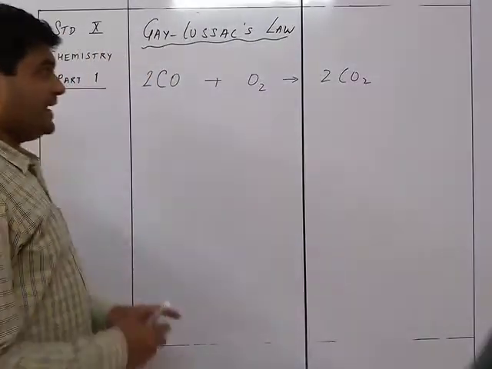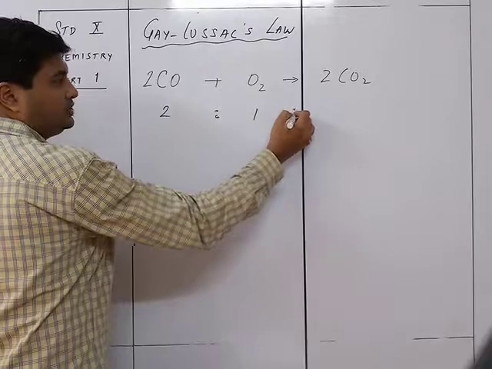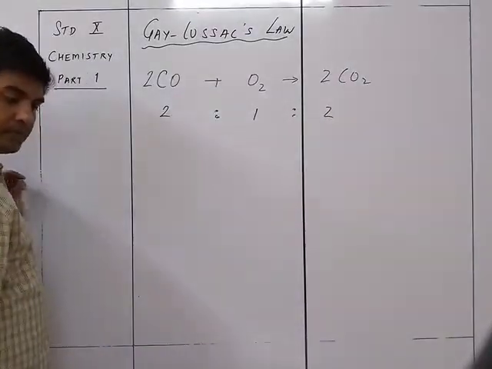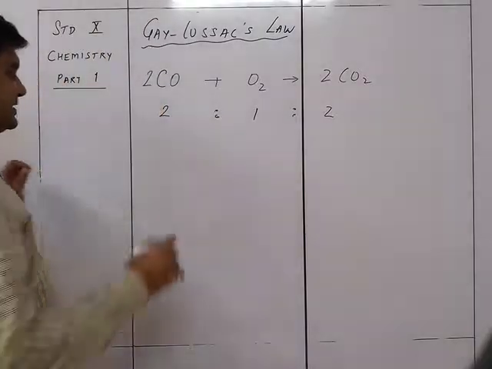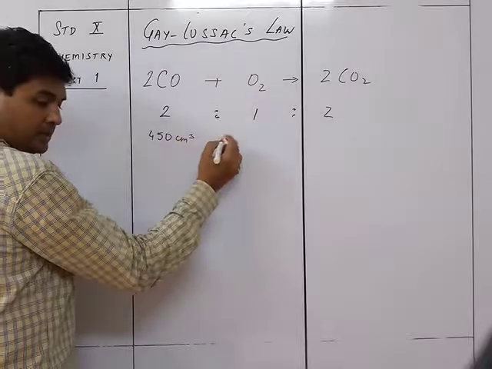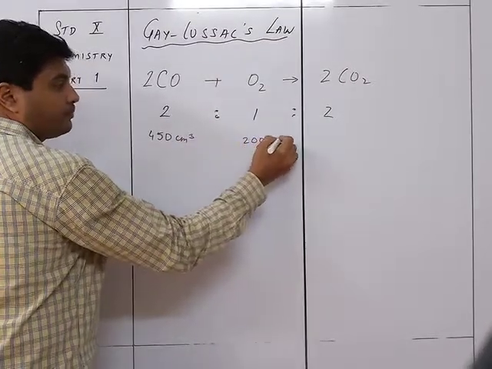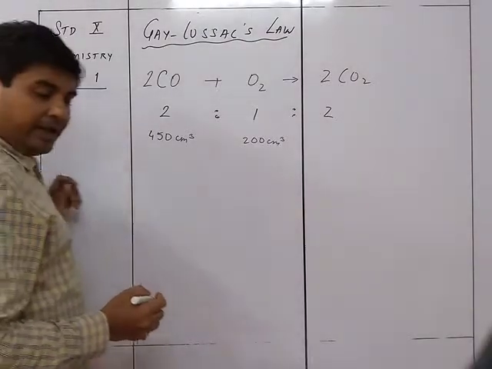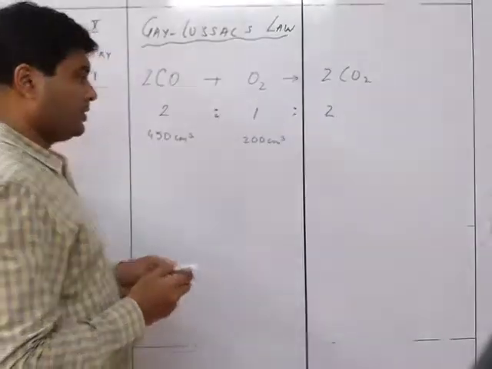Now you can see the ratio over here is 2 is to 1 is to 2. They have given us 450 centimeter cube of CO and 200 centimeter cube of O2, and you need to find out what will be the composition of the resulting mixture.